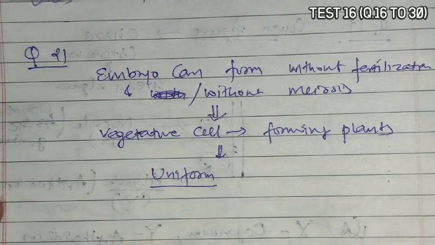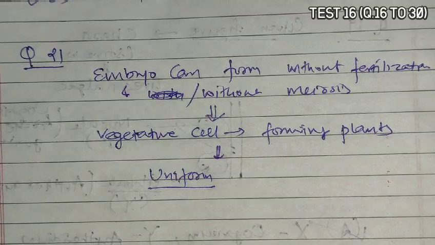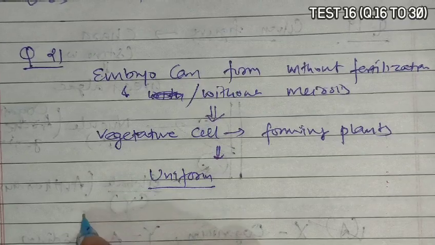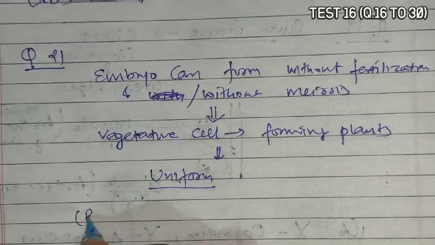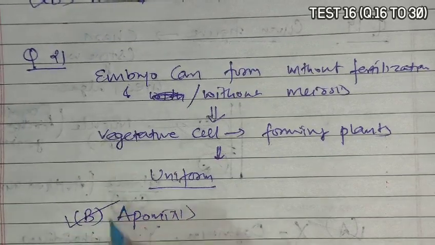This can occur only when nucellus or integument cells grow and form a plant, then that uniformity can be there. So this is apomixis which can help. So B is the correct answer.